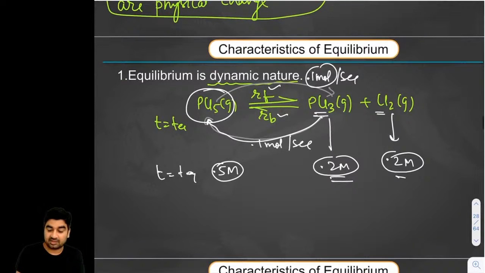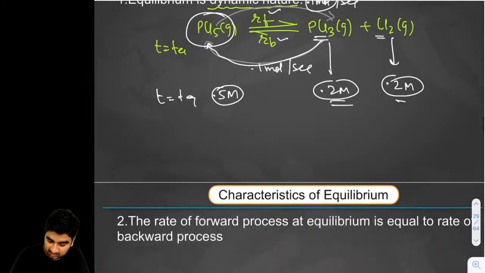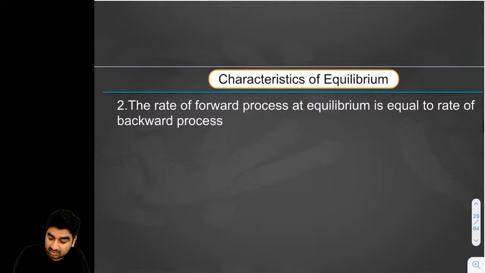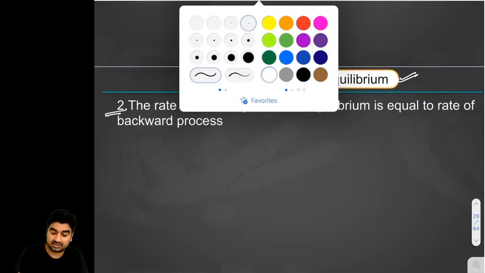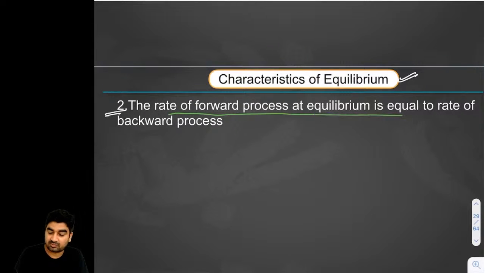So guys, equilibrium is dynamic in nature, and at equilibrium rate of forward reaction becomes equal to rate of backward reaction. So now let's move to the next point. What are the characteristics of equilibrium? I've already told you. The second characteristic is that the rate of forward process at equilibrium is equal to the rate of backward process.